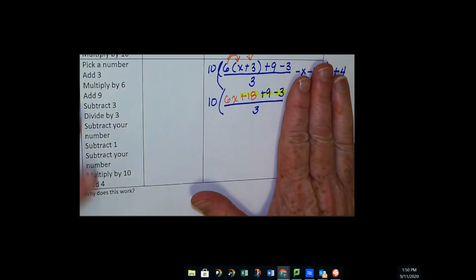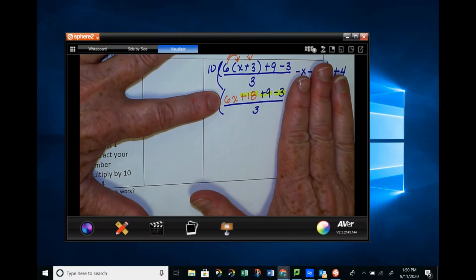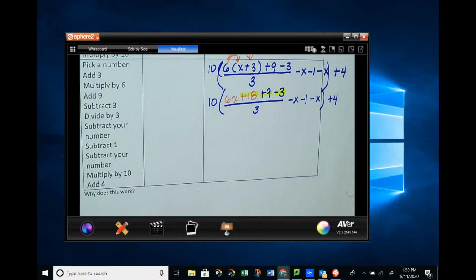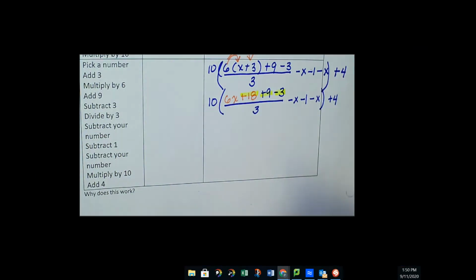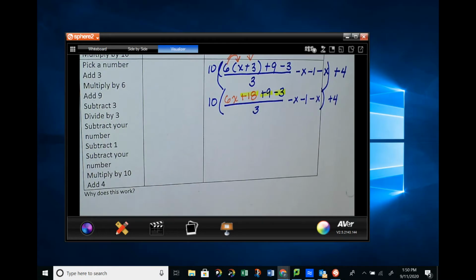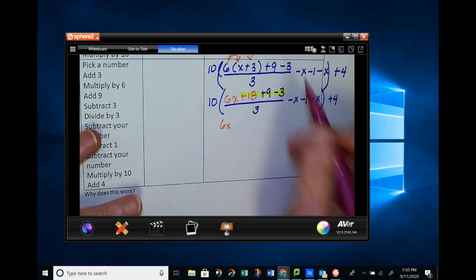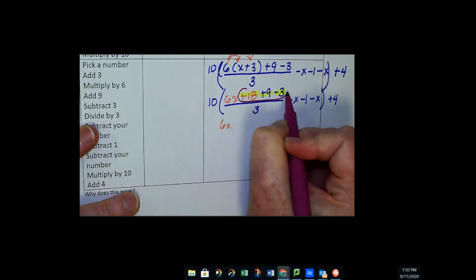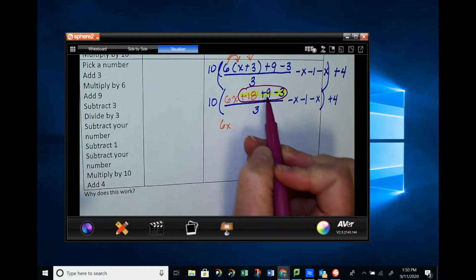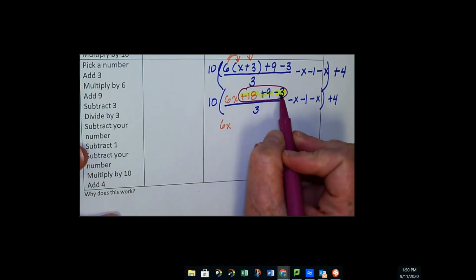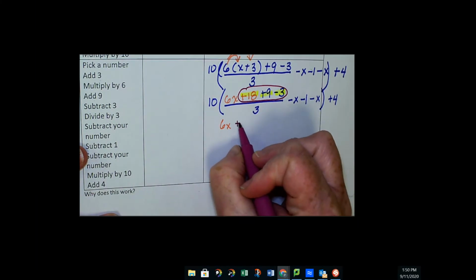I'm going to ignore the other stuff and that 10. So again, I've got my 6x. I haven't done anything to that. Now I'm taking this part right here, 18 plus 9. So 18 plus 9 gives me 27, minus 3 gives me 24.